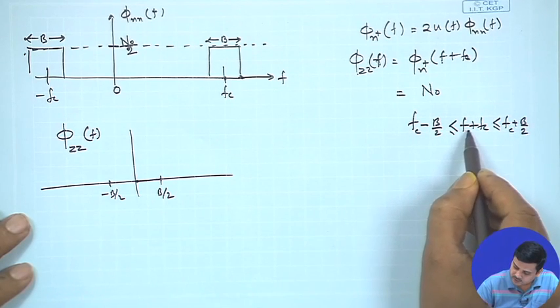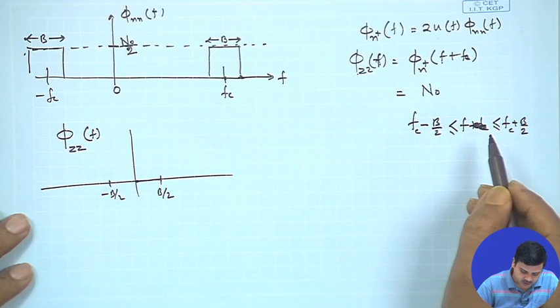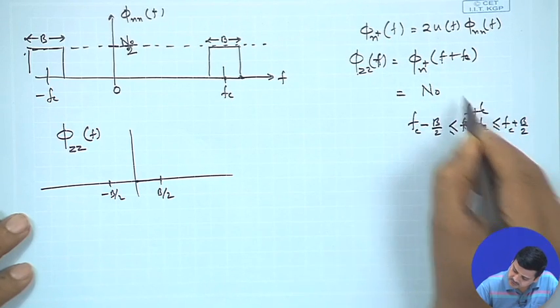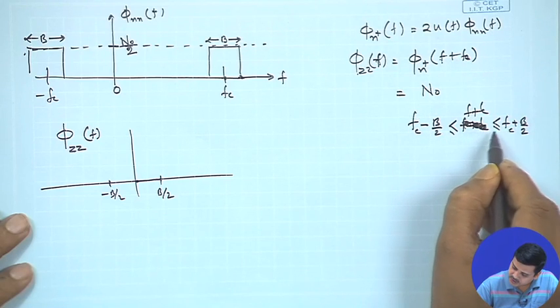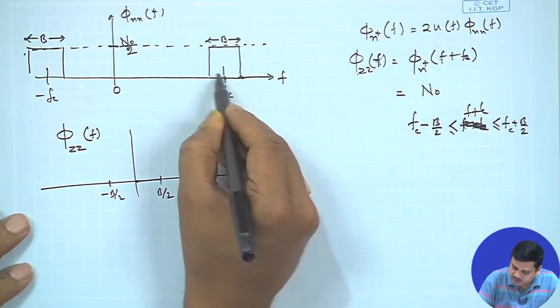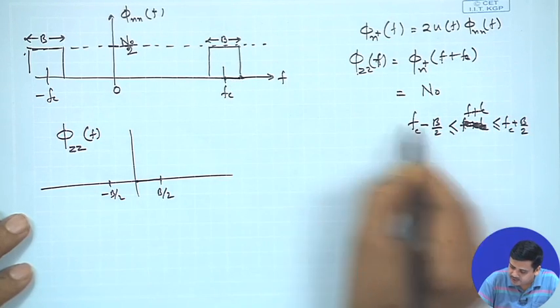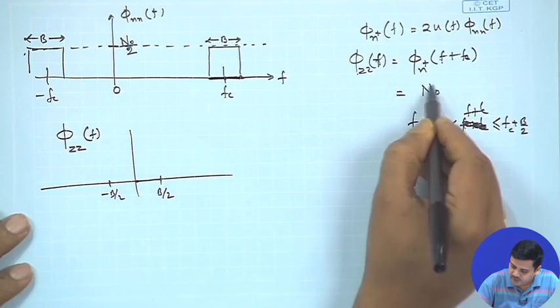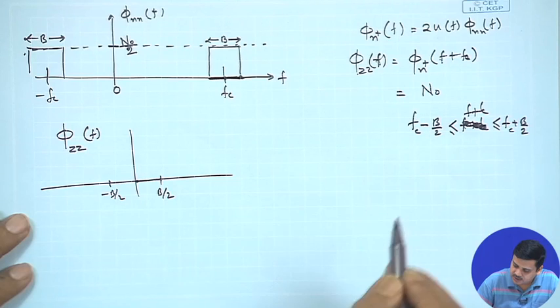So only in the range f c minus b by 2 to f c plus b by 2 is this value equal to n naught, and otherwise it is equal to 0.